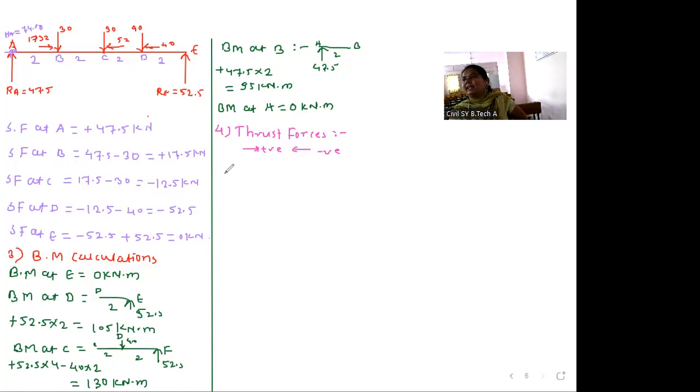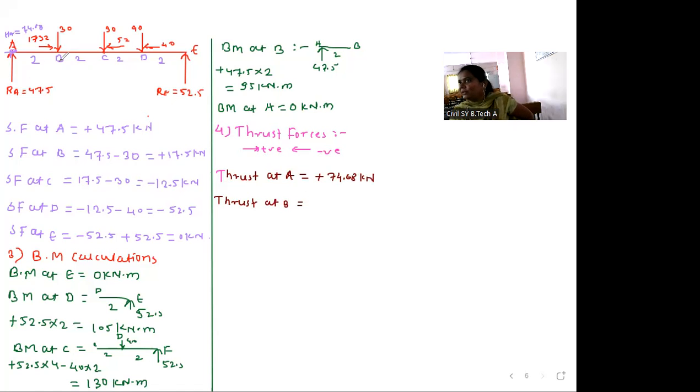So thrust at A, which is equal to, at A right side, plus 74.68 kilonewton. After that, thrust at B, which is equal to, same as the shear force calculations.